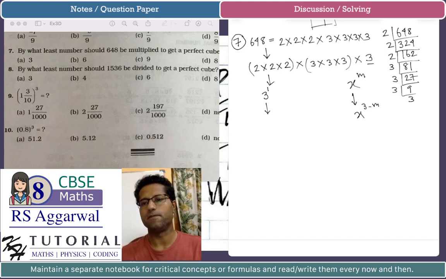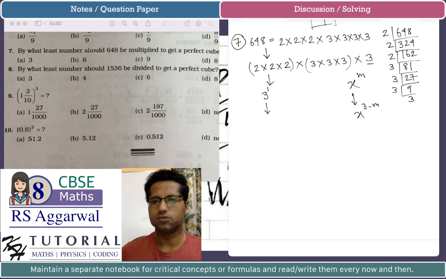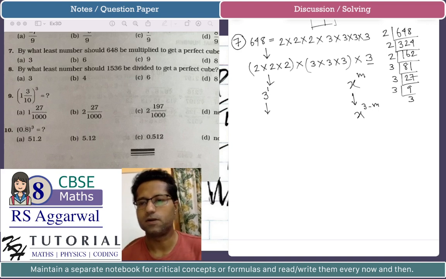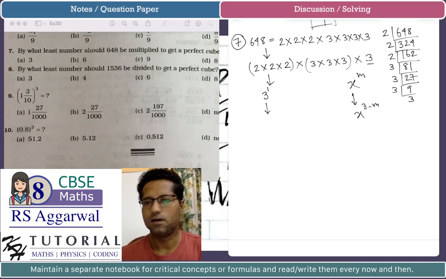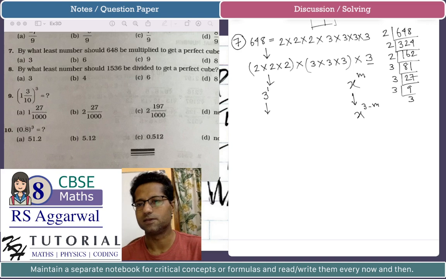There could be multiple x to the power m terms not part of any triplet, and for each of them we find the corresponding x to the power 3 minus m.